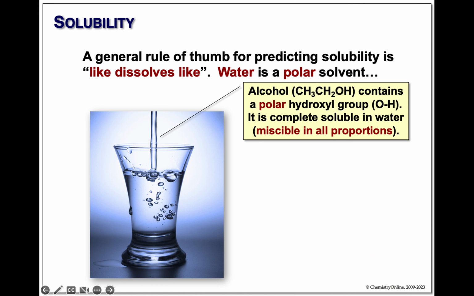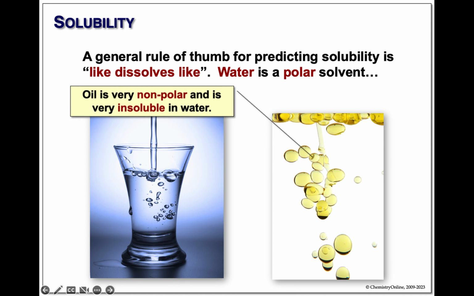So polar solvent, polar substrate, totally dissolves. However, if we take a non-polar solvent, this is actually olive oil. Olive oil is carbon-hydrogen bonds in long chains, very nonpolar.